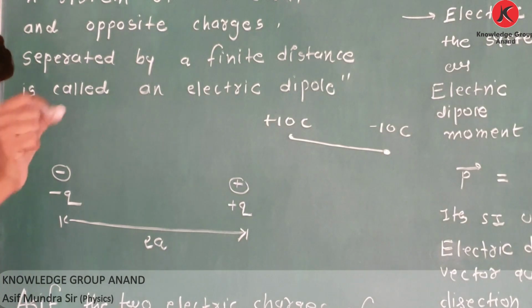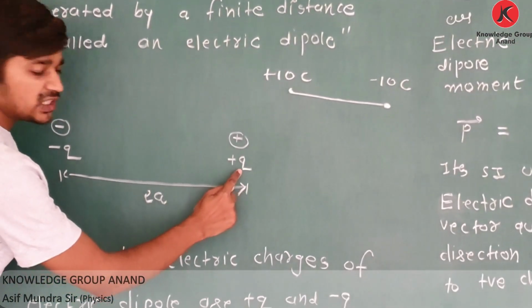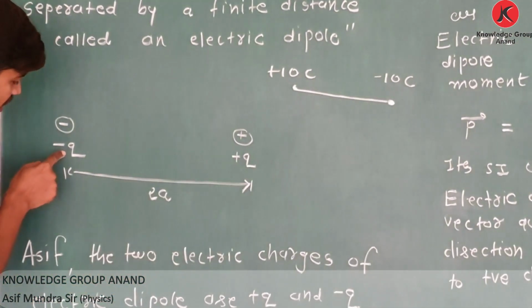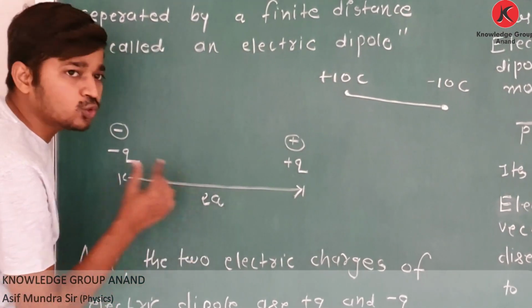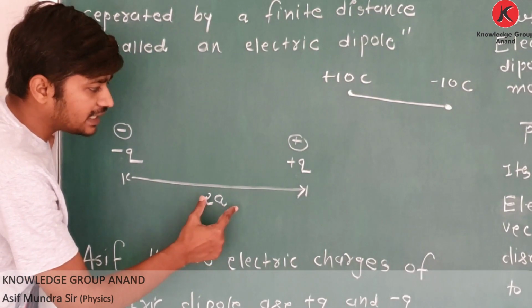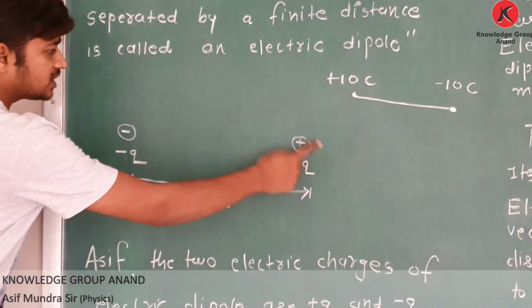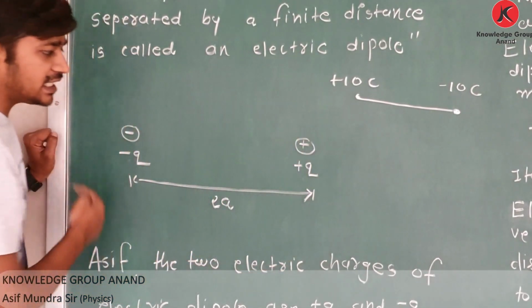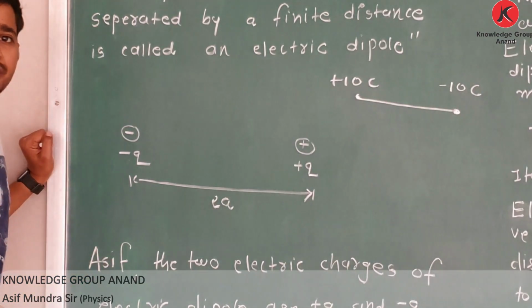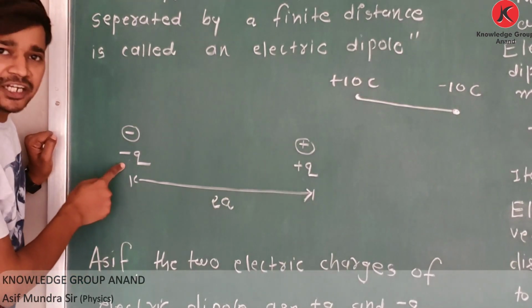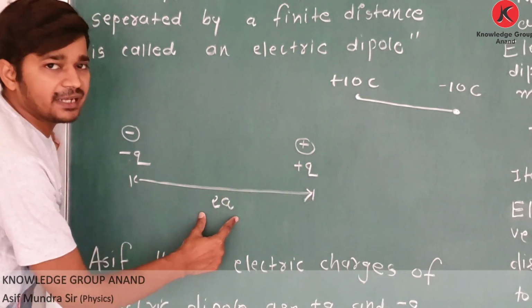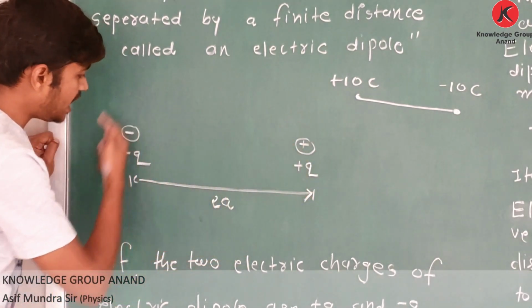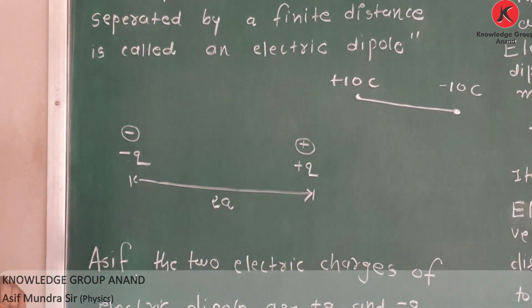In general, we can write, if I have one charge plus q and another charge minus q, separated by distance 2a, then this system of charges is called an electric dipole. One negative charge and one positive charge, separated by a finite distance, form an electric dipole.